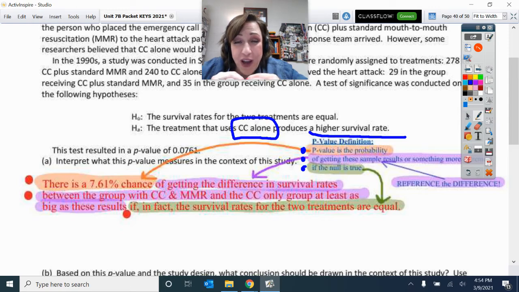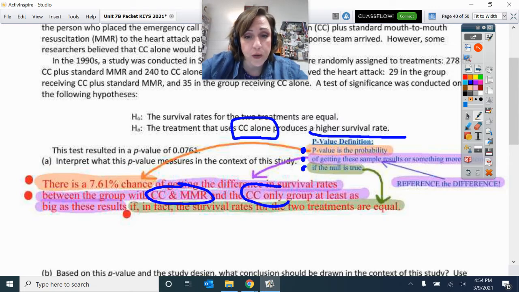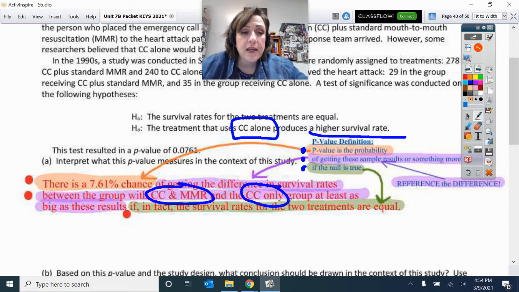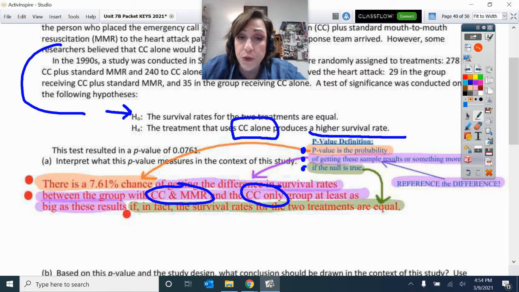The difference that we got between the CC and MMR group and the CC only group. So there's a 7.61% chance that we would have gotten these specific results, these numbers, or results at least that big, if the null is true. Here's what the null is saying: the survival rates for the two treatments are equal.